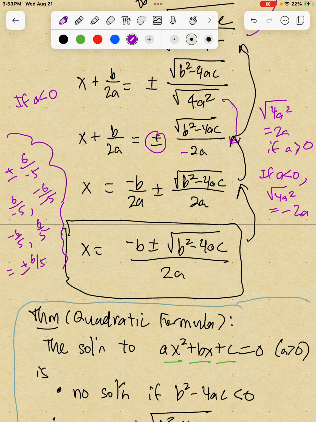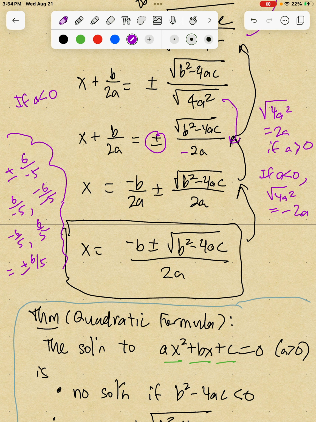And the same reasoning shows that plus or minus this over negative 2a is the same as plus or minus the square root of b squared minus 4ac over 2a. So in fact, this equation is true no matter whether a is positive or negative.